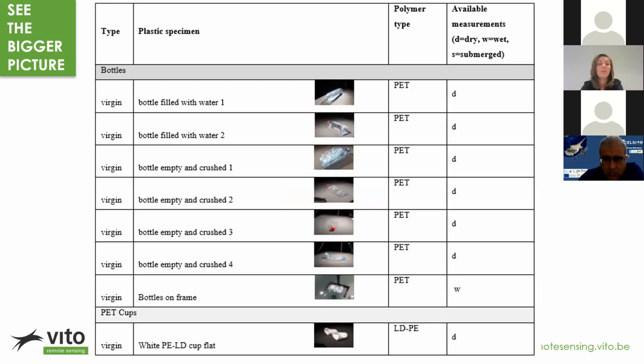So what we did, we tried to collect a lot of different types of plastics. We collected virgin plastics from the shop. We can see here, for instance, some plastic bottles, empty, but also filled with water. Some of them were also crushed.